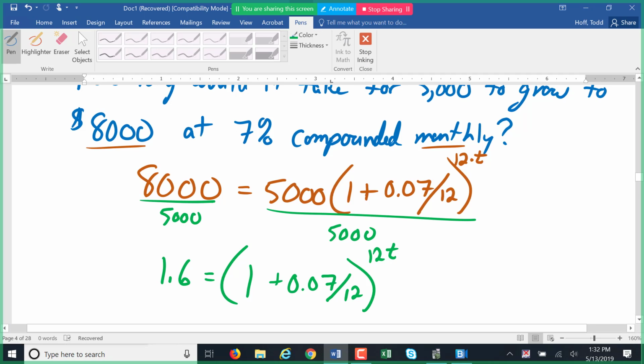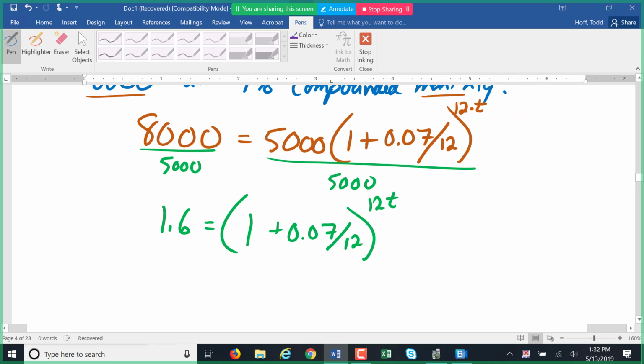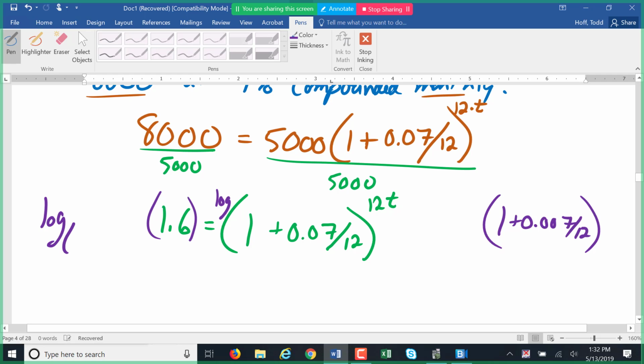This doesn't look like it is isolated right now, but it is. The exponent in here is 1 plus 0.007 divided by 12. That is the base of our exponent. That's going to be the base of our log. So this is the log base 1 plus, not 0.007, 0.07.